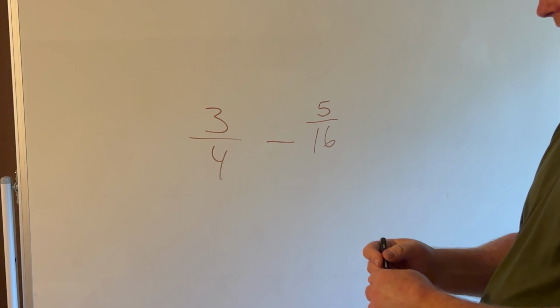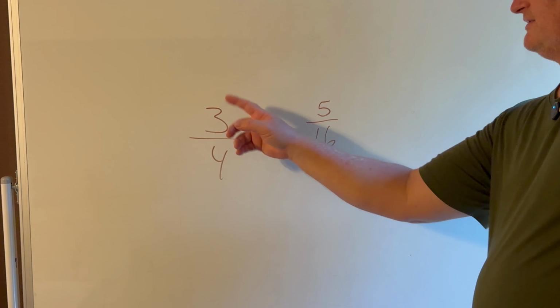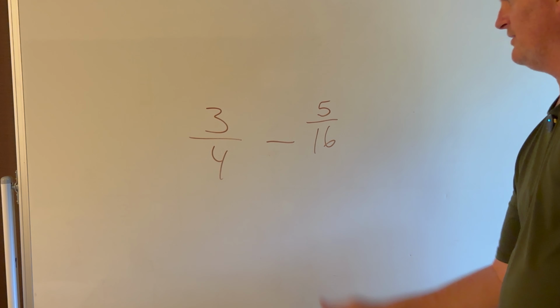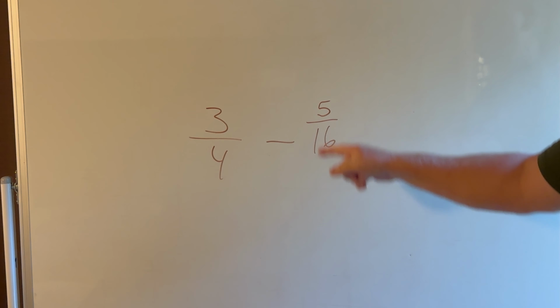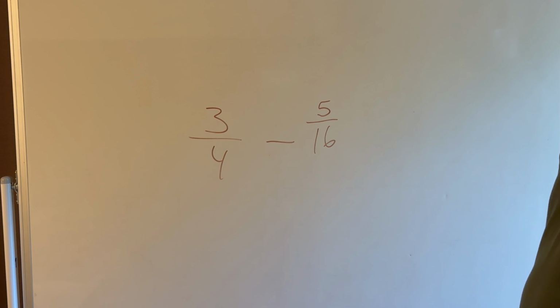Okay. 3/4 we know is larger than half because 3 is larger than 2 and 2 is half of 4. 5/16 we know is smaller than half because 5 is smaller than 8 and 8 is half of 16, right? So we know we can subtract across without having a negative number, right?